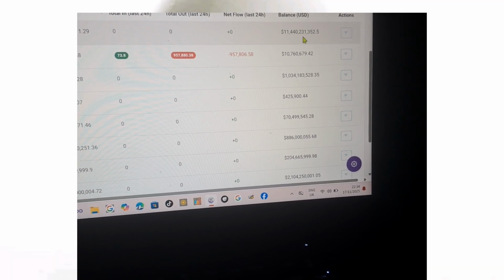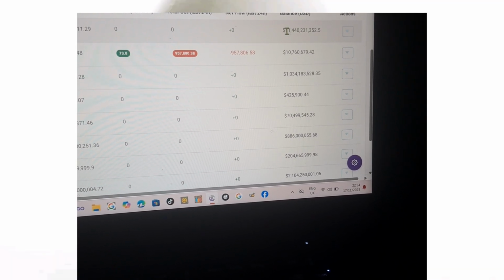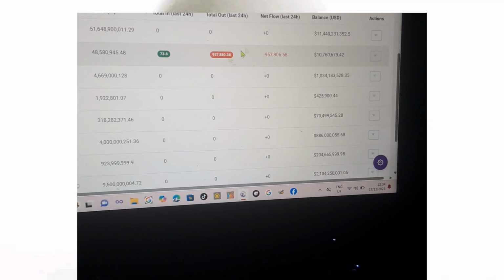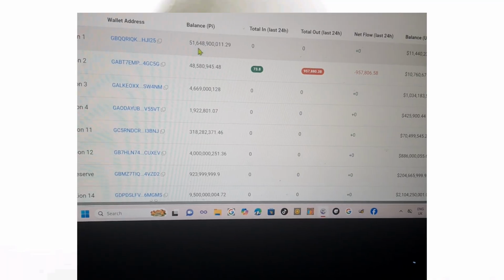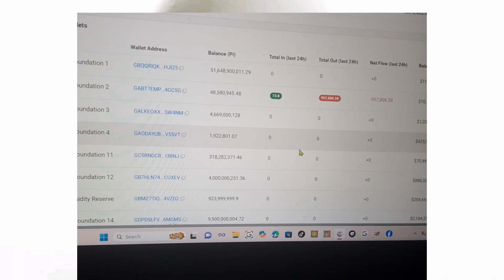You can see like the Pi Foundation 1 holds 11 billion worth of Pi in US dollars. Wow. So these are the balances there. It has 51 billion worth of Pi in that amount there. So these are their wallets, and you can come here and do your scrutiny.